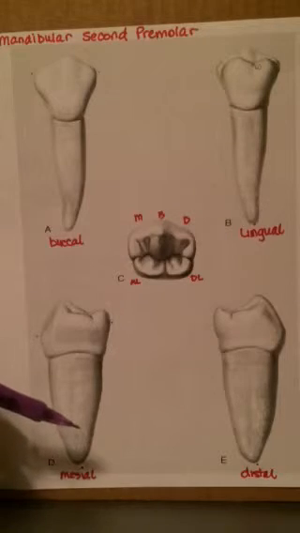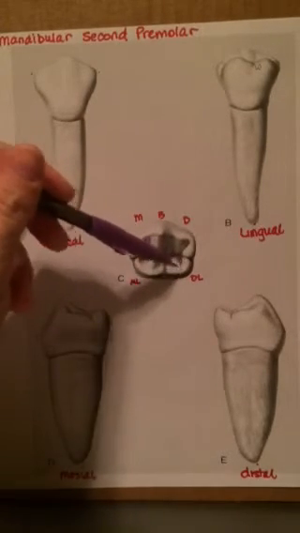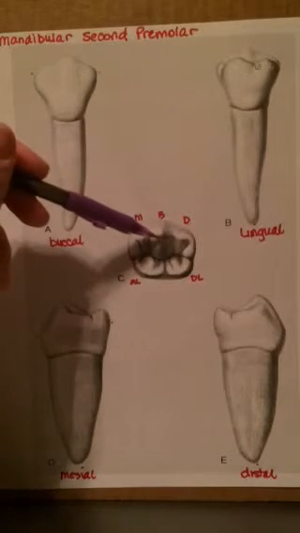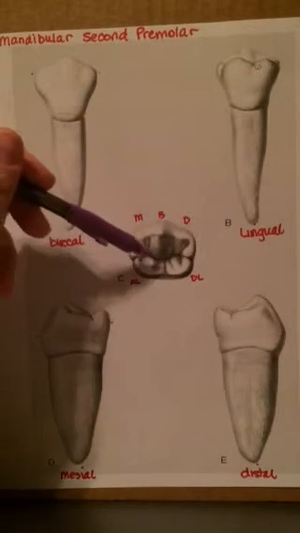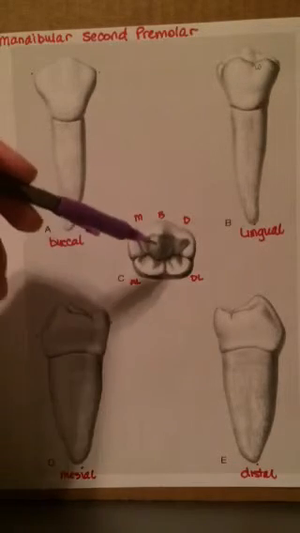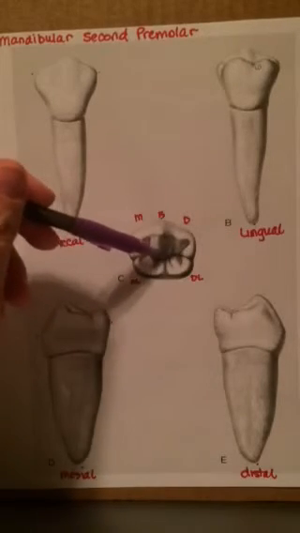No mesiolingual developmental groove. Now, on the three-cusp form of the occlusal surface, each of the three cusps has a well-developed triangular ridge, separated by deep developmental grooves. The grooves form a wide pattern on the occlusal surface and form a Y. Here you go. There and there.